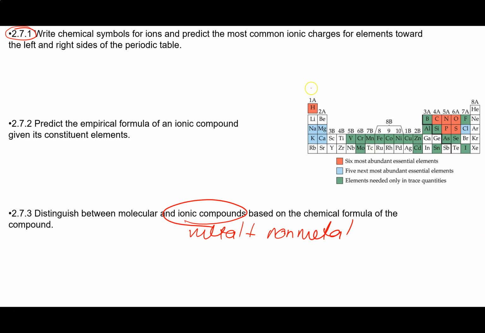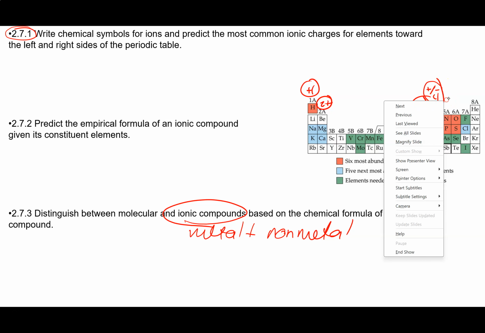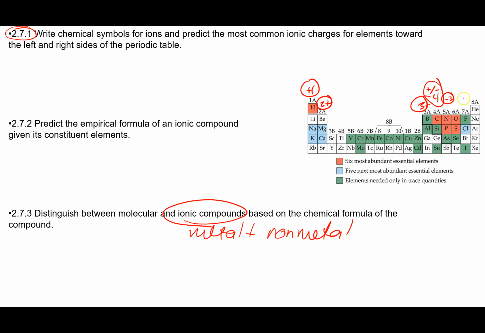So things in group 1A are +1, things in group 2A are +2, things in group 3A are +3. Remember, 4 can be plus or minus 4. 5 is -3. 6 is -2. And 7 is -1, and then group 8 doesn't participate.